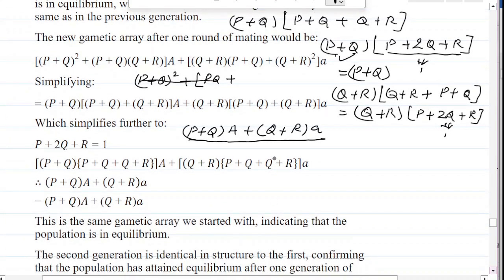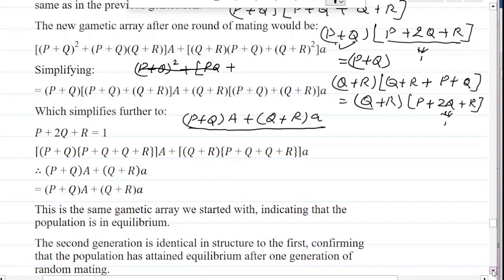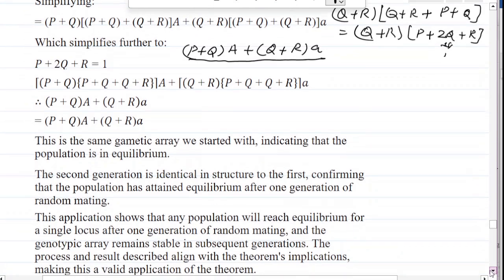So this gametic array is the same as we started with, which indicates that the population is in equilibrium. The second generation is identical in structure to the first, which confirms that the population has attained equilibrium after one generation of random mating.